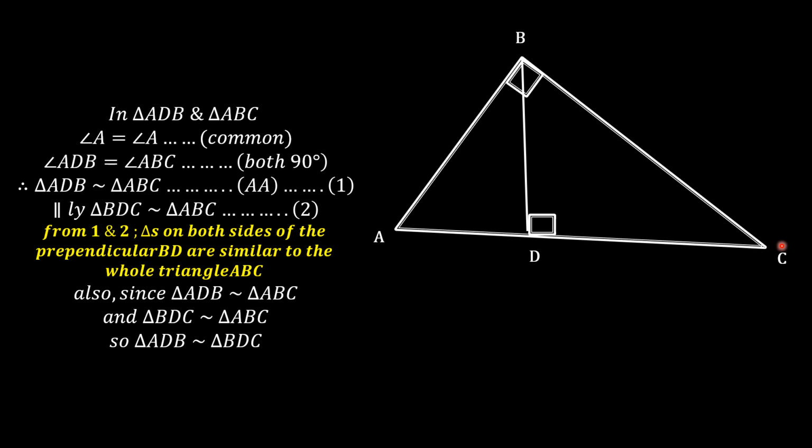So this is the property that when we draw a perpendicular in a right triangle from the vertex containing the right angle, it divides the triangle into two similar triangles which are also similar to this whole triangle ABC.